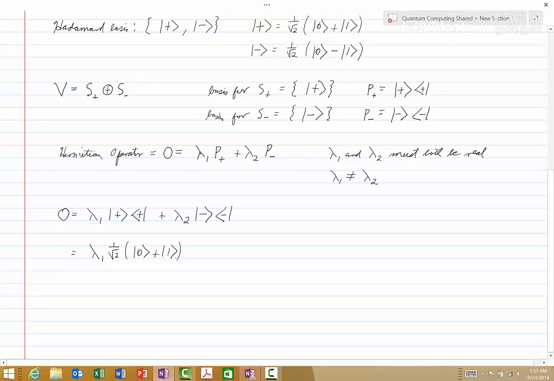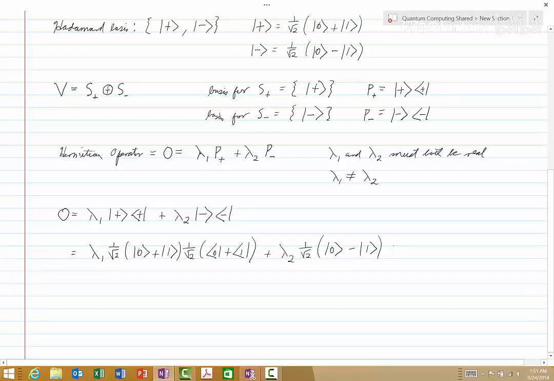And then for the plus bra, we have 1 over square root of 2 times the 0 bra plus the 1 bra. And then for the second term, we will have lambda 2, and then for minus, we have 1 over square root of 2 times the 0 ket minus the 1 ket.